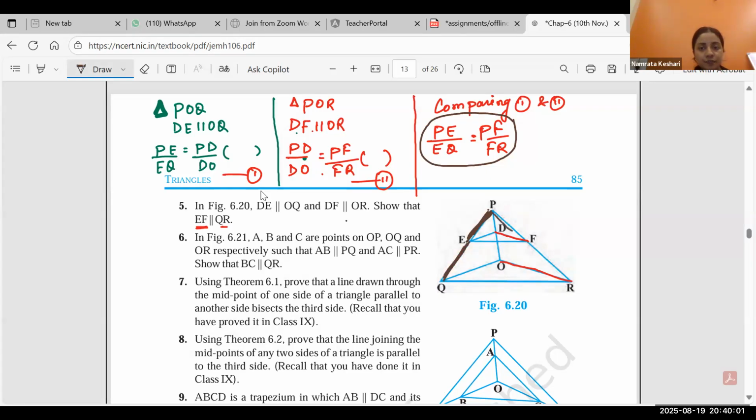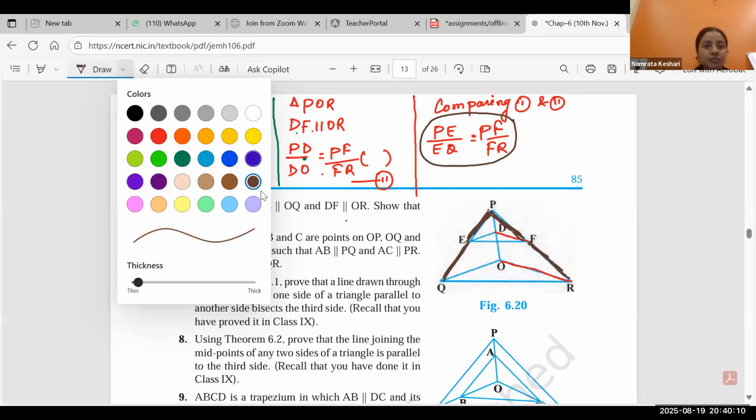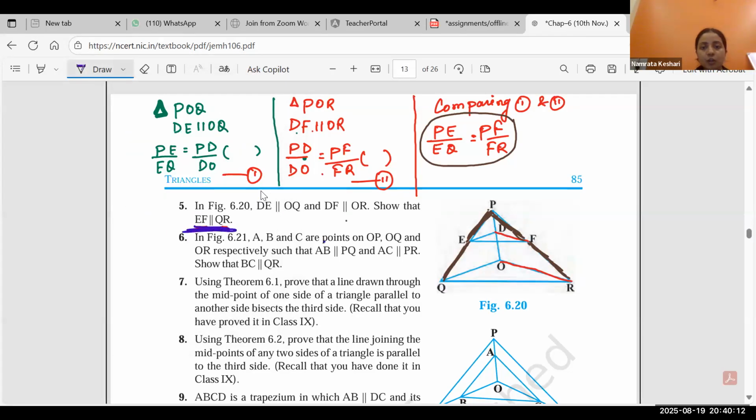PF, the brown one, FR, the brown one. And what we are supposed to prove? We are supposed to prove that EF is parallel to QR.